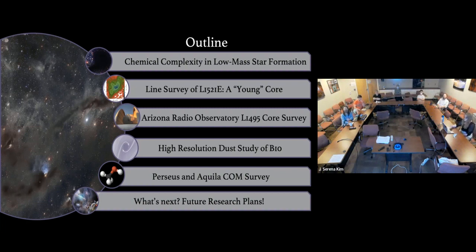Then a survey that we did of a bunch of different cores, also with the radio telescope on Kitt Peak, then a high resolution dust study, which I'm working on now, and then some new results from a new survey that we're doing with the 12-meter, and then some exciting future research that I'll discuss at the end.